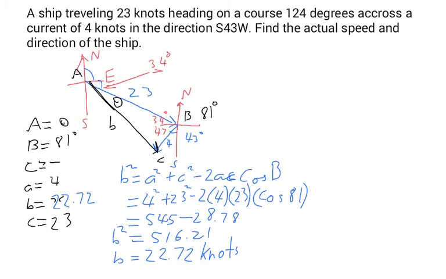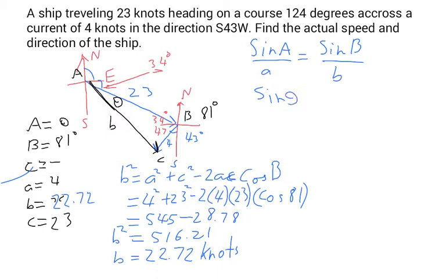We can go find theta. Now, that's using the sine rule. So that's sine A over a equals sine B over b. So using that, sine theta over a, which is 4, equals sine 81 over 22.72.